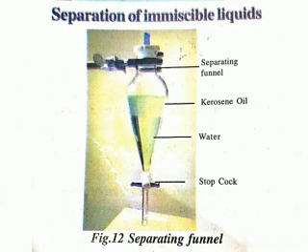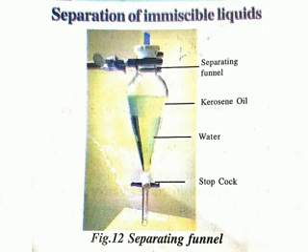When the layers of water and oil are separated, open the stop cork. Keep one beaker at the bottom of the stop cork, open it and collect the water in that beaker. When the oil reaches the stop cork, close the stop cork, and take another beaker.